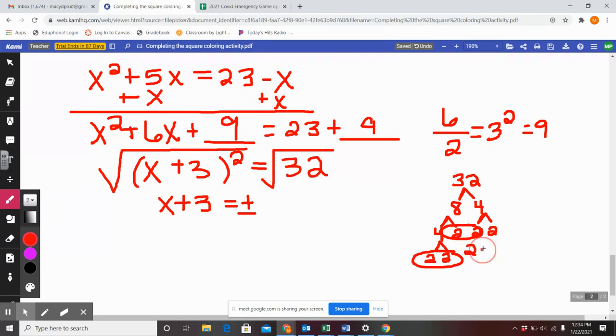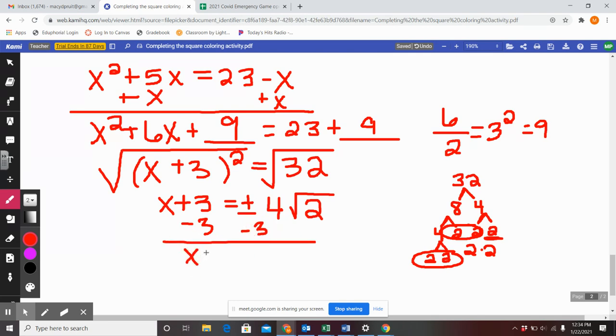So there was 1, 2. There's another set of 2. So 2 times 2 is 4, so a 4 comes out. And then what do we have left over? A 2. And because that is not a perfect square root, we move the 3 and put it in the front of all this over here.